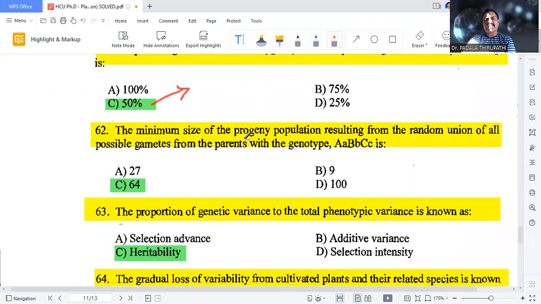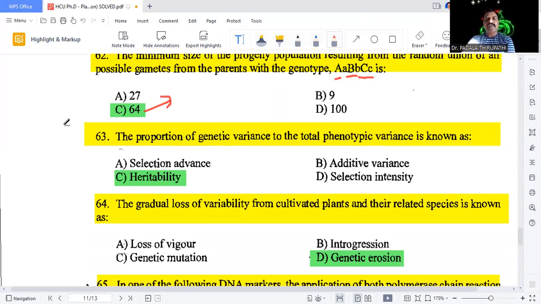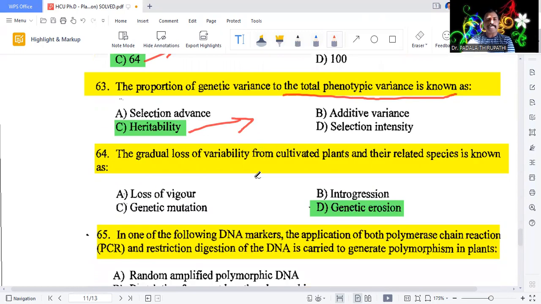Then the minimum size of the progeny population resulting from the random union of all possible gametes from the parents with the genotype capital A, small a, capital B, small b, capital C, small c is 64. And the proportion of genetic variance to the total phenotypic variance is known as heritability. Okay, heritability. The gradual loss of variability from cultivated plants and their related species is known as genetic erosion.